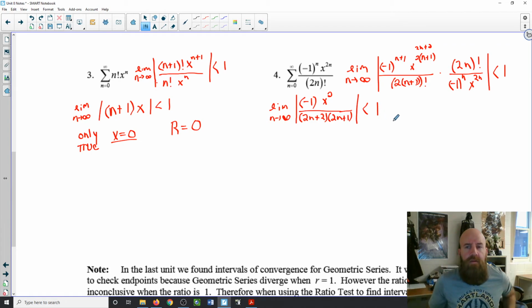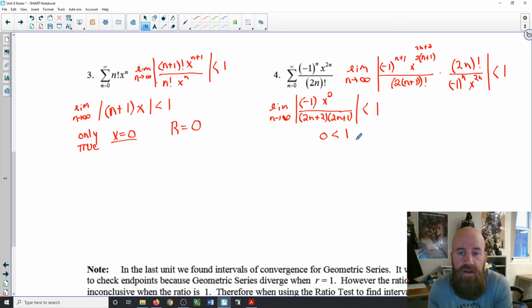Okay, so here's the situation. If we run the limit as n approaches infinity for this reduced ratio, we would end up with 0. So the limit is 0, which is less than 1. What this says is that no matter what x is, no matter what we put there, that is always going to be true.